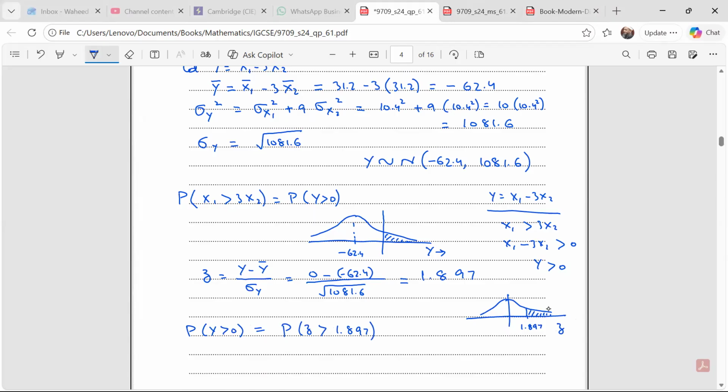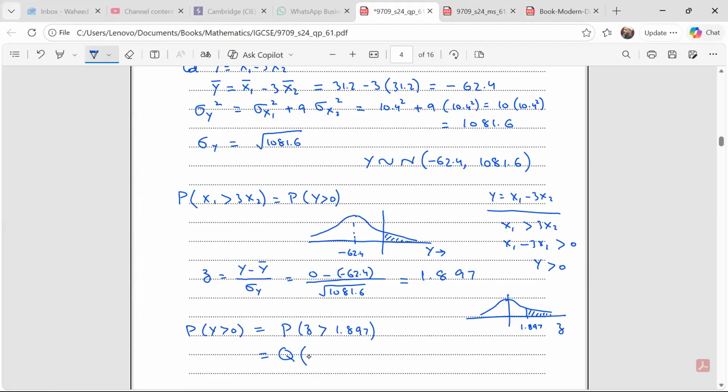I hope it is clear that y was normally distributed with mean minus 62.4 and some variance, so we converted y into z, the standard normal distribution, whose mean is 0 and variance is 1. So the probability that y is more than 0 is the same as the probability that z is more than this value, and we can calculate this by using our table.